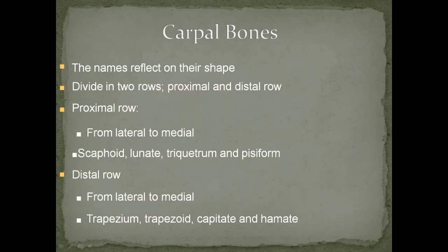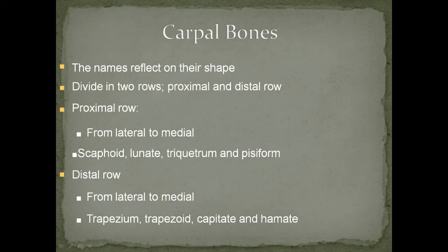Carpal bones: the names reflect their shape. They are divided into two rows, one proximal and the other distal. In the proximal row, from lateral to medial, the bones are scaphoid, lunate, triquetrum, and pisiform.